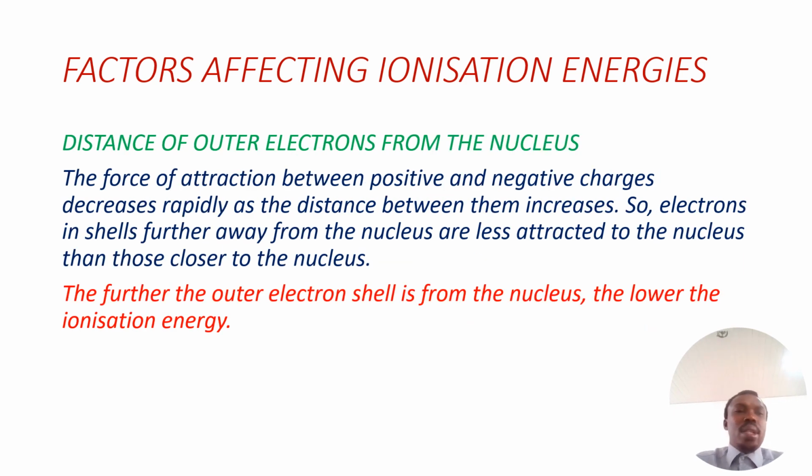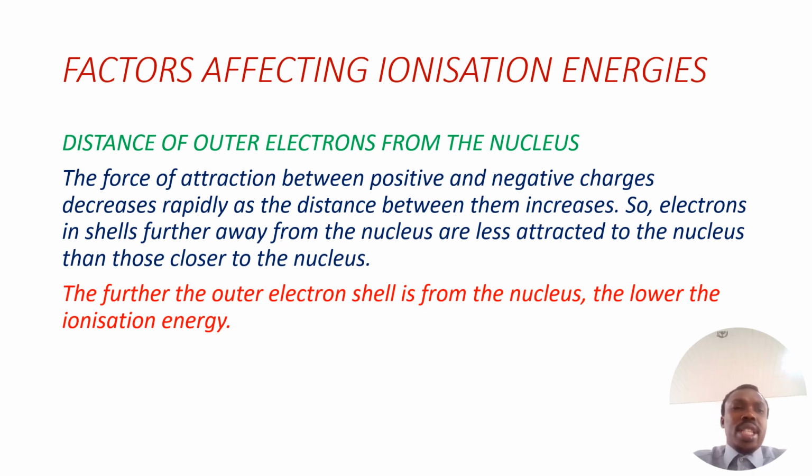The next one is the distance of outer electrons from the nucleus. Electrons that are farther away from the nucleus can easily be removed compared to electrons that are closer to the nucleus. The force of attraction between positive and negative charges decreases rapidly as the distance between them increases.